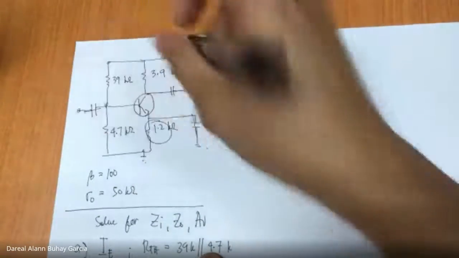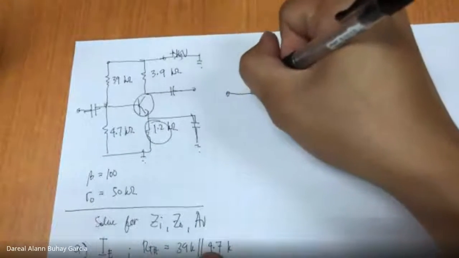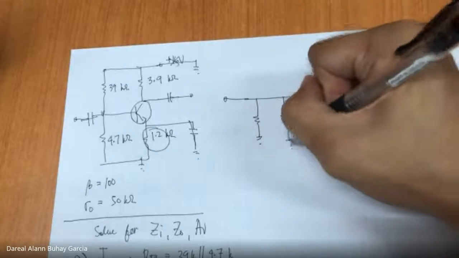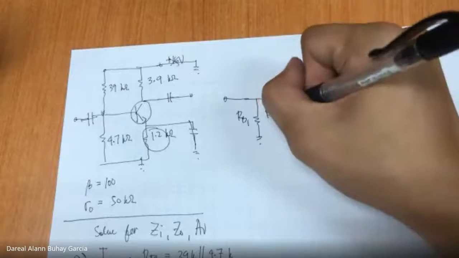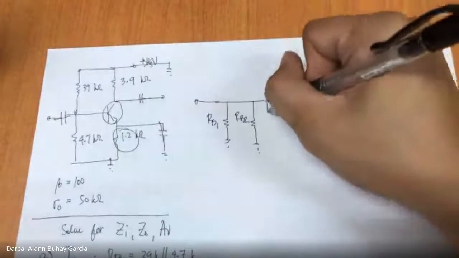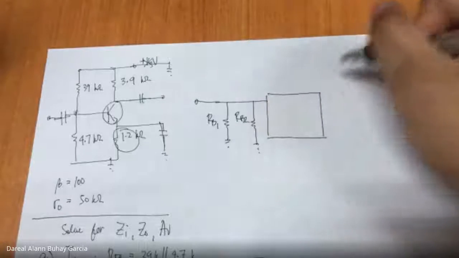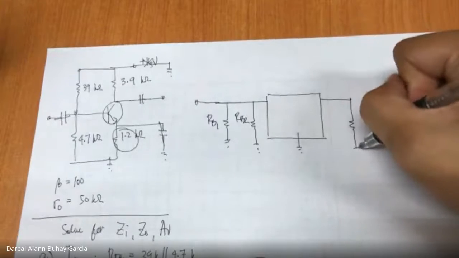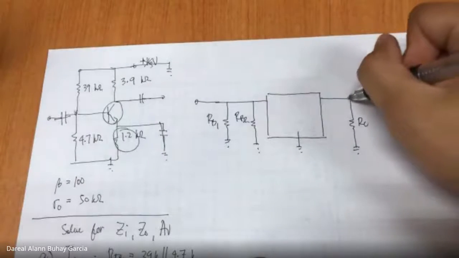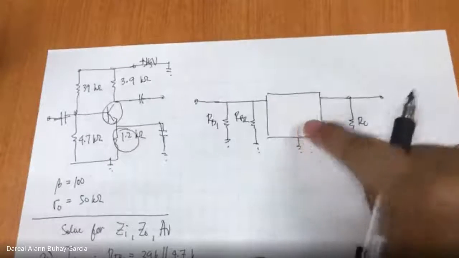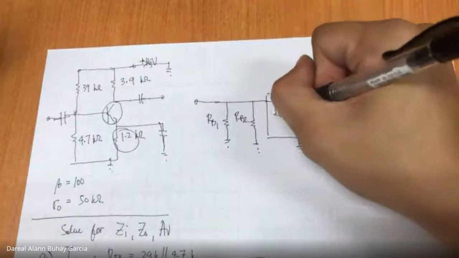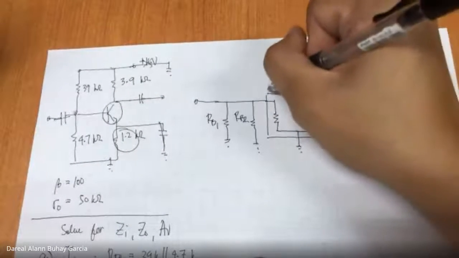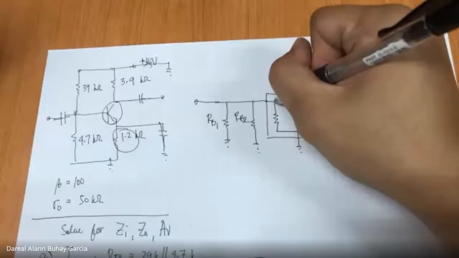From this point, we have RB1, RB2, and our transistor model, with RC at the output. This transistor is our RE model, so here is beta RE.